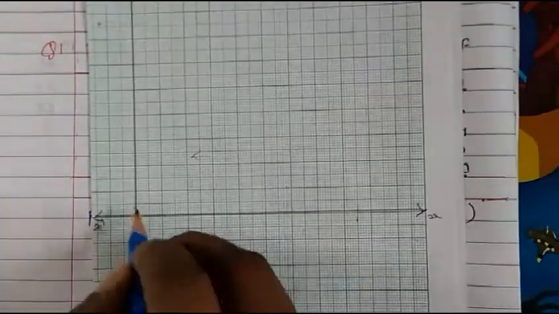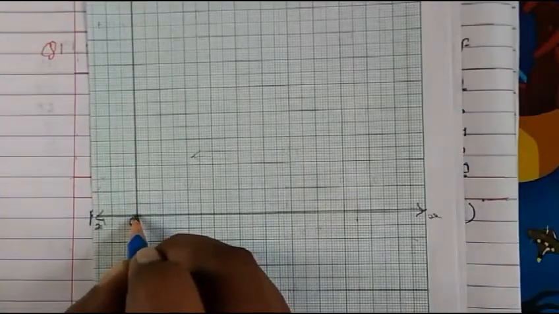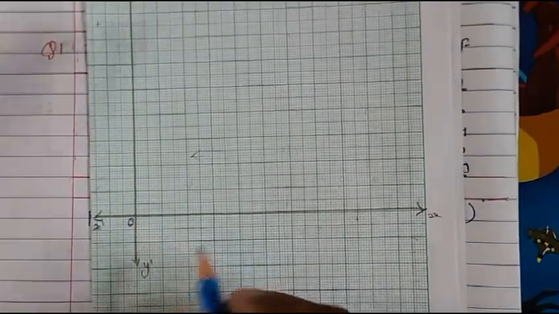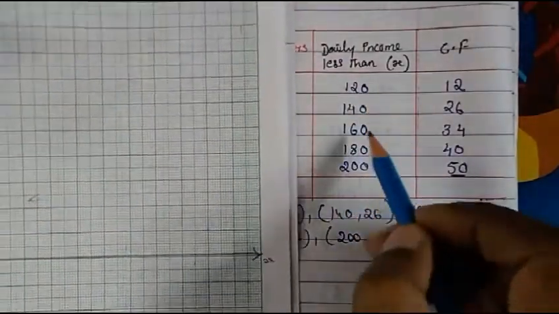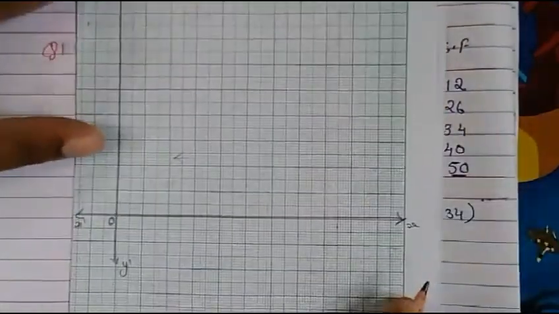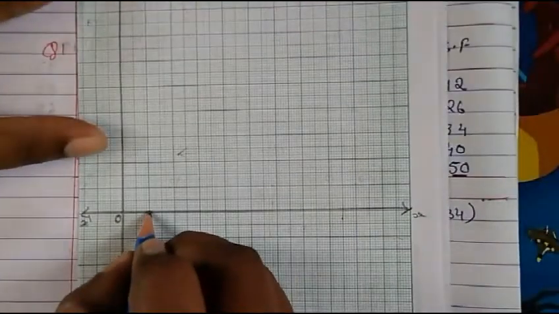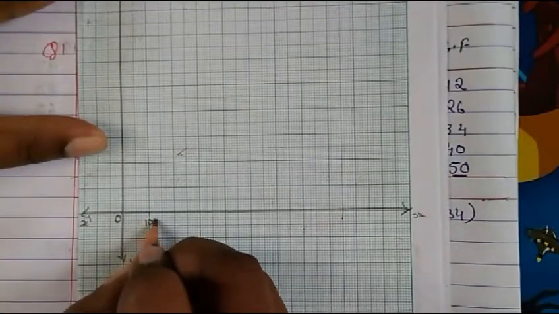So your origin begins here at 0, and then on the X axis we take 120, 140 like this. We can begin with 100 also, no problem. So we start this point as 100.